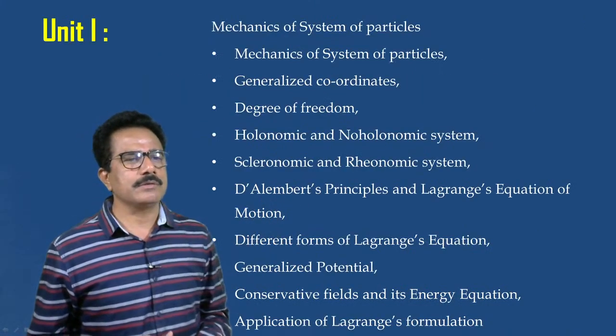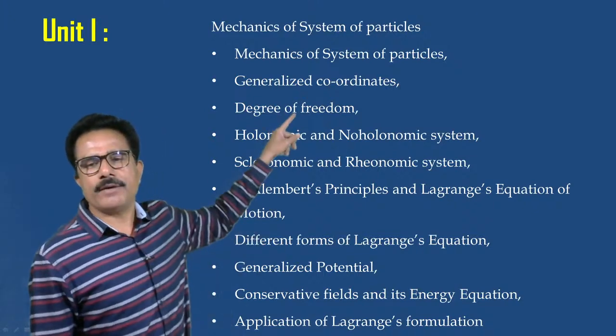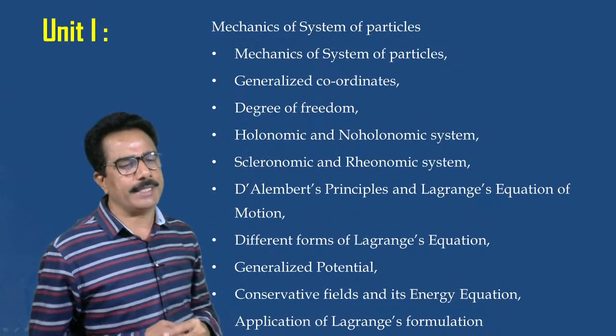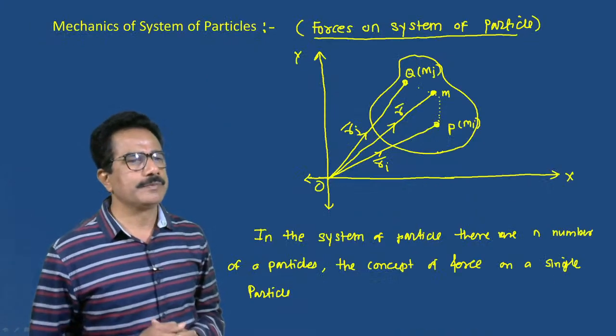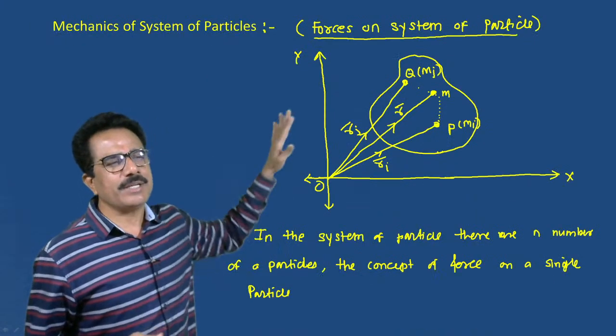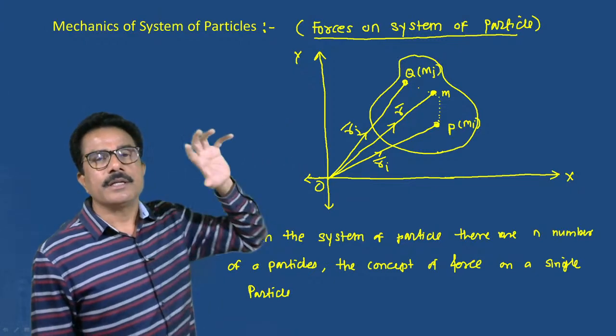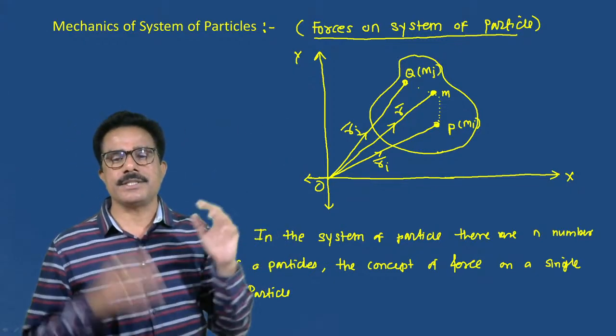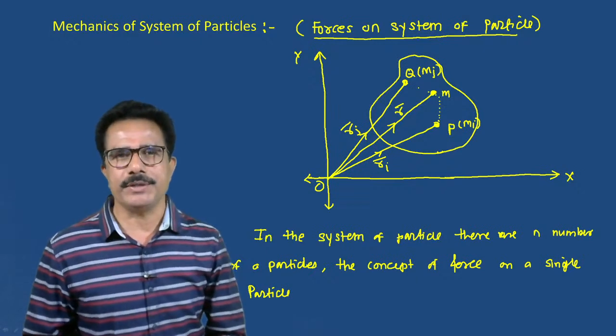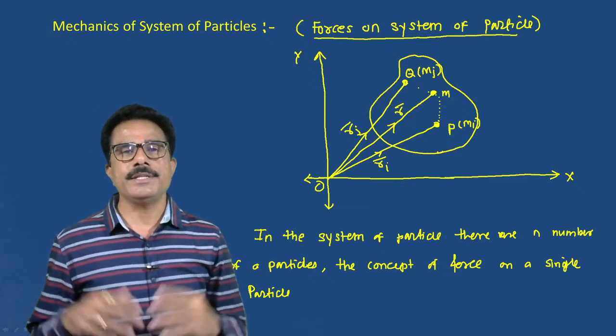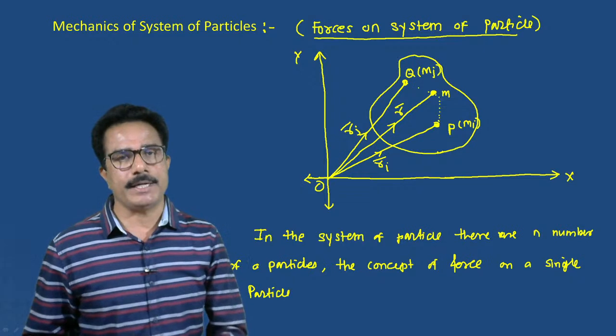Now here we shall discuss this theorem, the conservation theorem, which is part of the mechanics of a system of particles. In the last lecture we have seen the mechanics of a particle, meaning a system of particles. A system of particles means a rigid body. You know that a rigid body means it is a system of particles.